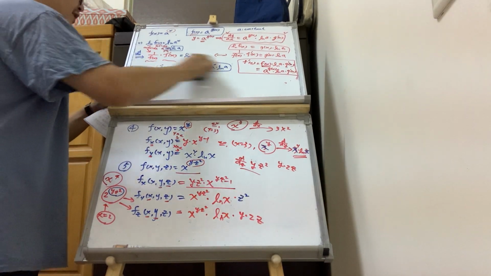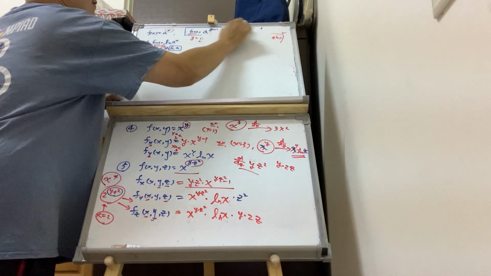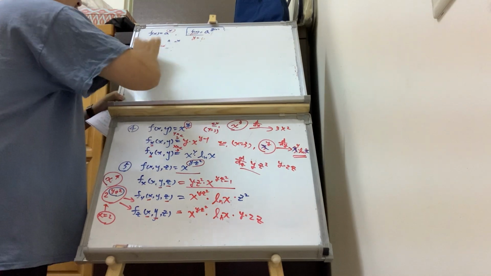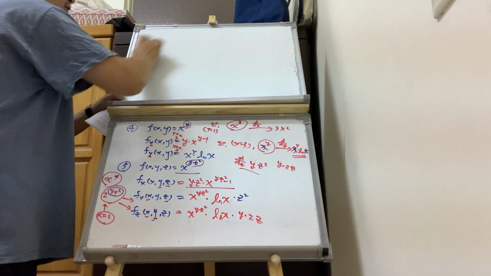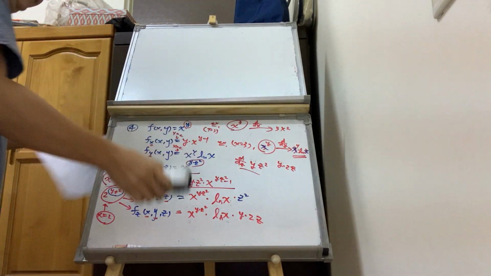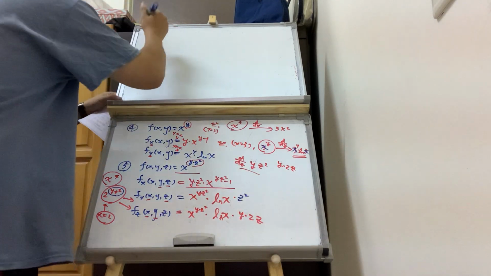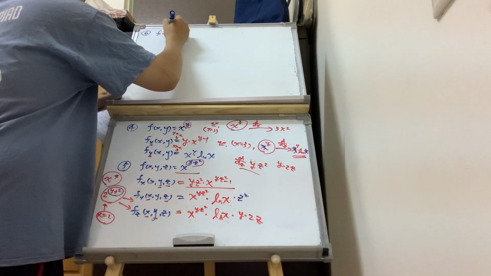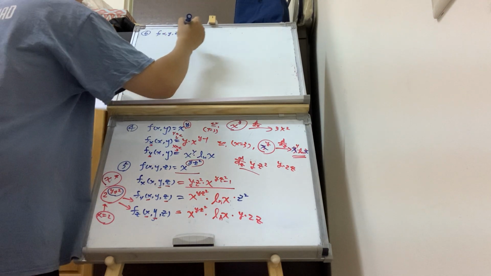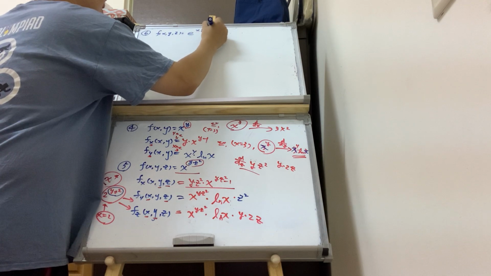Okay, we still have 3 examples. x^y^g equals exponential xy times natural log e.